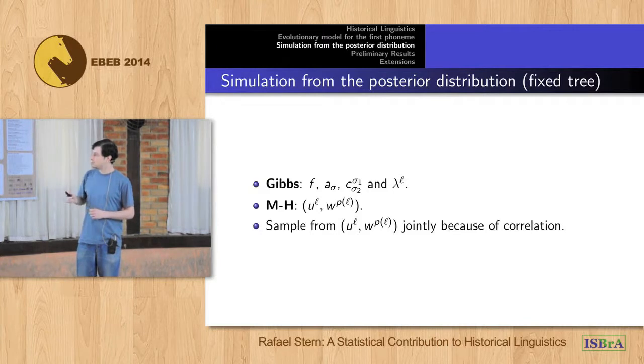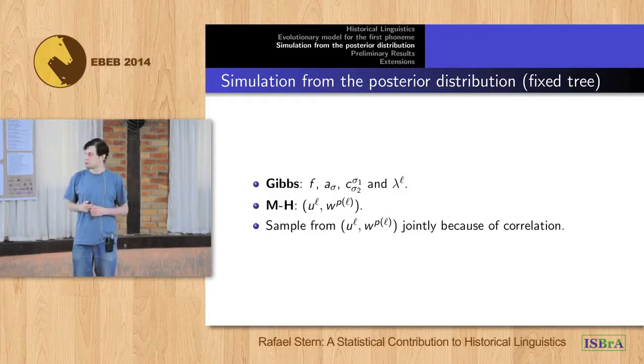And we built a model so that F, A sigma, C sigma, and lambda all have conjugate distributions. So we can just do a Metropolis in which we update each one of them with a Gibbs sampler. And then UL and WL are a little bit more complicated because they're very correlated and the distribution is not conjugate for them.